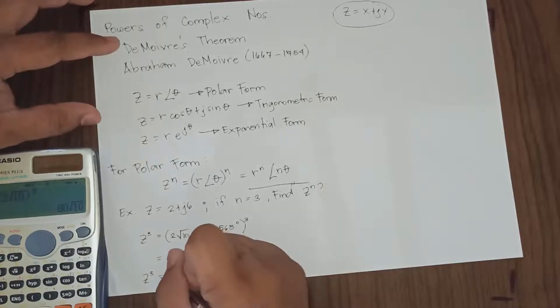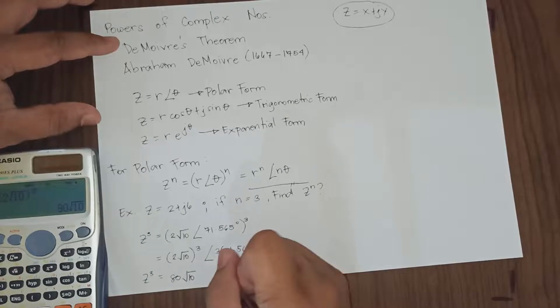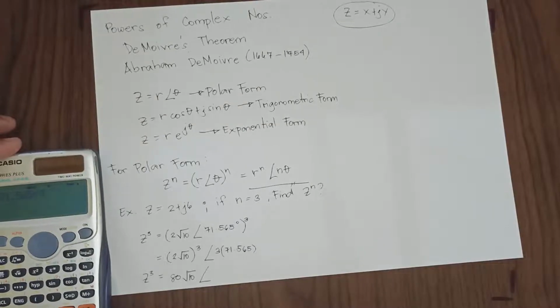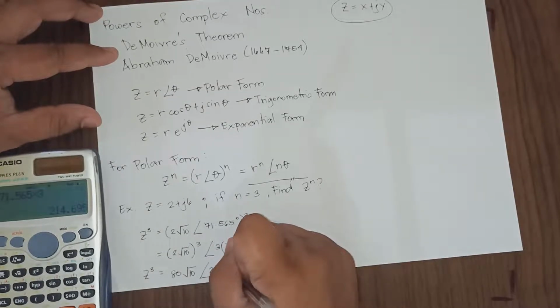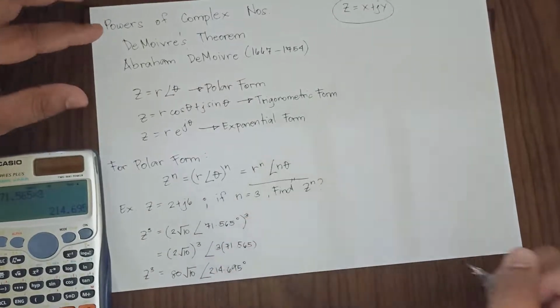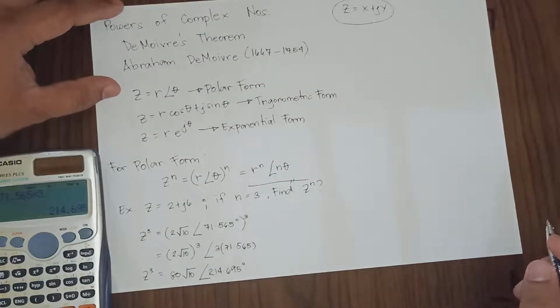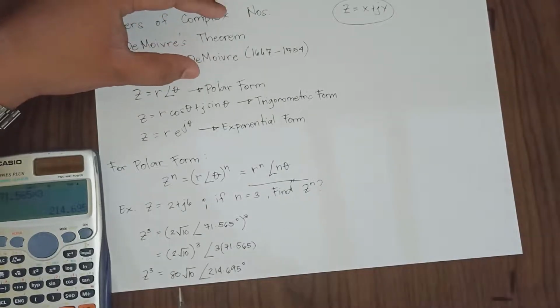That is 80 square root of 10 bar angle of 71.565 times 3, which is 214.695 degrees. Okay. So, yun yung kanyang sagot in terms of polar form. So, paano natin mahanap yung direction ng ating magnitude na 80 the square root of 10?